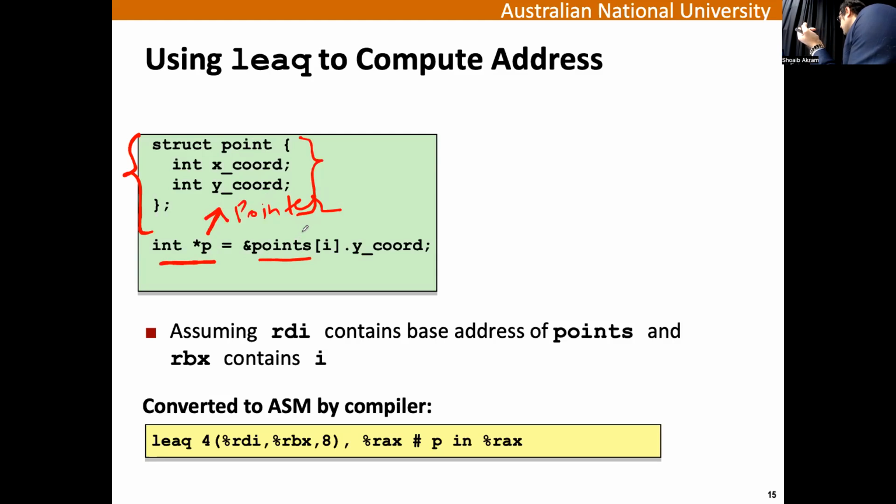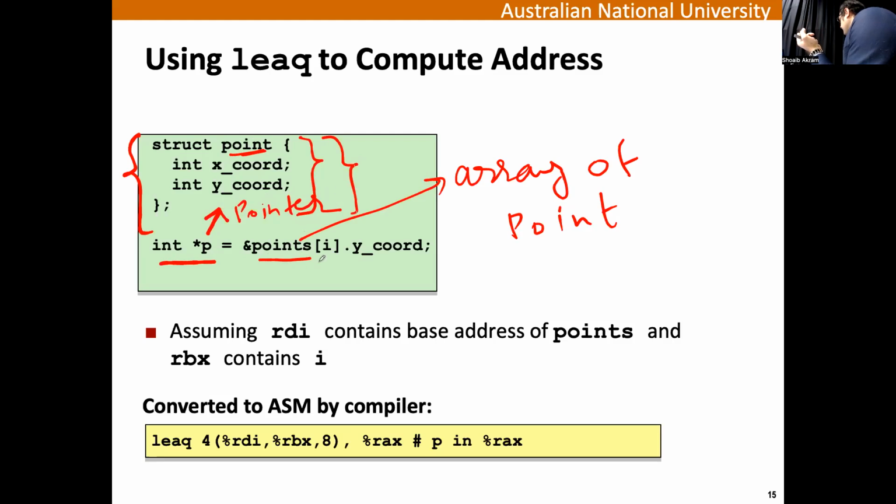So assuming that points is an array of point data type, this is points[i].y coordinate, and the ampersand is the address.